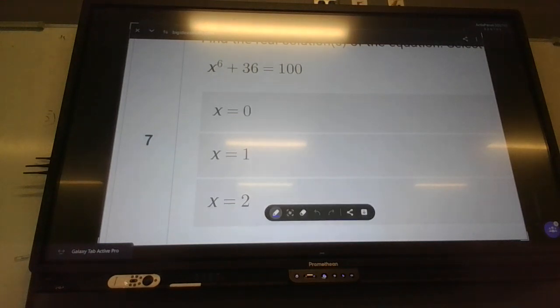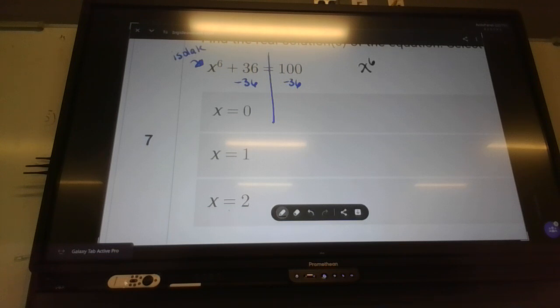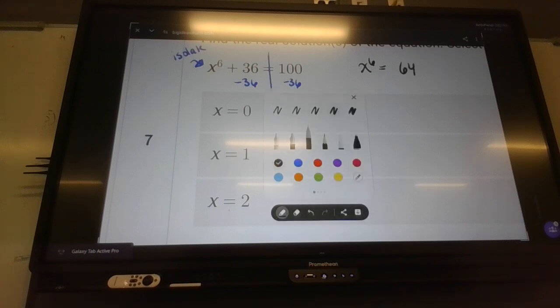Put a line here. I need to isolate the base and the power. So we'll subtract 36. So x to the 6 equals 64. And I'm going to cancel out the power of 6 doing a 6th root.